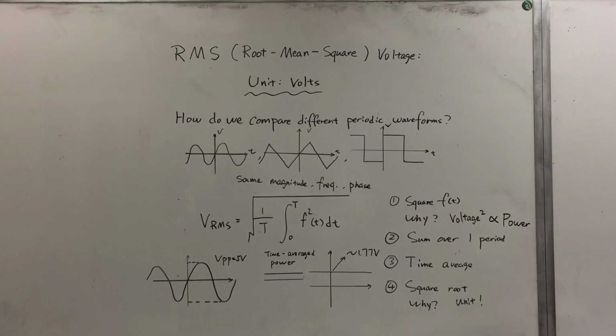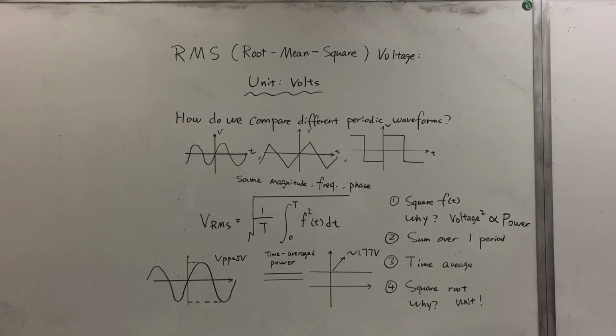The main reason why we introduce this concept of RMS voltage is we want to compare the performance of different waveforms. Be it a sine wave, triangle wave, or square wave, especially when they share the same magnitude, frequency, and phase, how do we tell them apart?